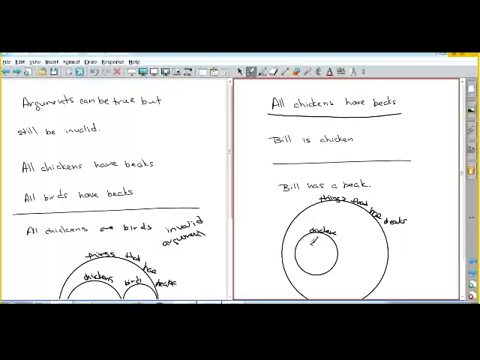Second statement, Bill is a chicken. So that would allow me to put Bill inside the chicken circle. Therefore, because Bill is a chicken and all chickens have beaks, then Bill has a beak. So this is a valid argument because I can use the second statement to put a little X inside the small circle, which by default puts me in the large circle, and therefore that statement is true.